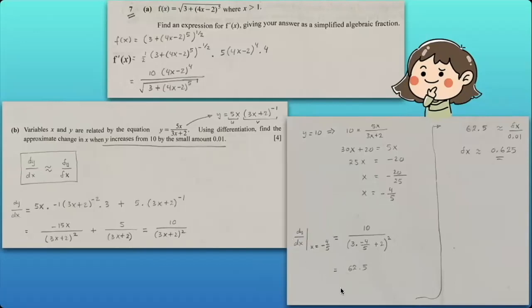So this is dy/dx when x equal to minus 4/5. Then I can apply this formula. Okay, dy/dx is equal to 62.5, which is approximately equal to delta y over delta x. Now this is given, this one here, 0.01. Therefore, delta x is approximately equal to 0.625.